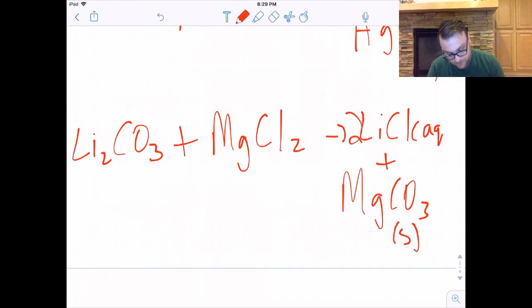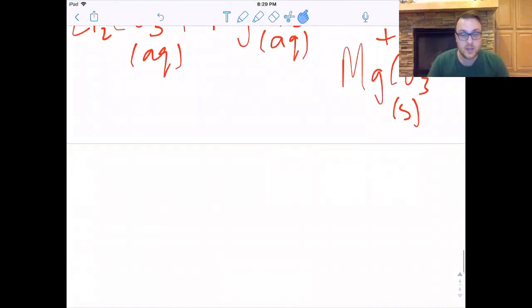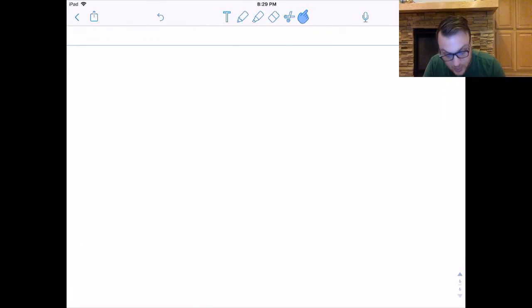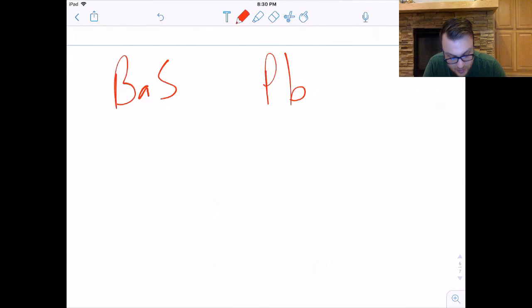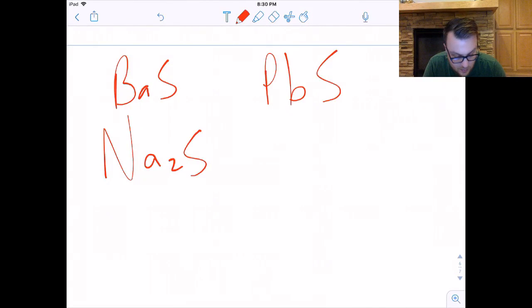Another question you might see is like, which one of these compounds is soluble? And they'll give you a list like BaS, PbS, Na2S, whatever, Al2S3. So you'll notice the ion they have in common is sulfur.